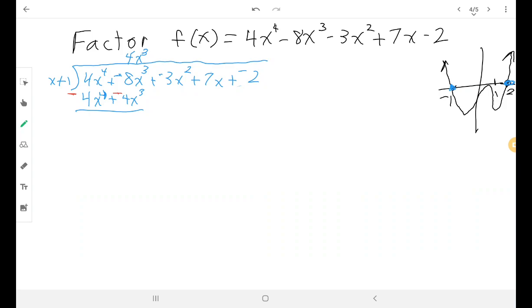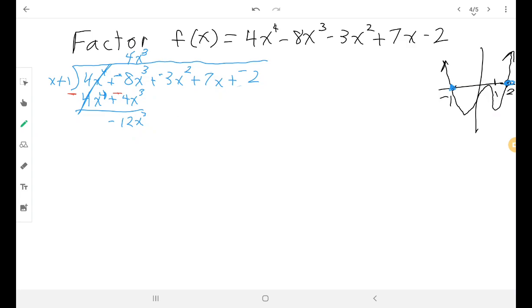Then you go through and add them. Now these two will always cancel. If those two don't cancel, you didn't set it up right. Okay? And then you got to figure out those two. So we've got negative 8x cubed plus negative 4x cubed. That sounds to me like negative 12x cubed.